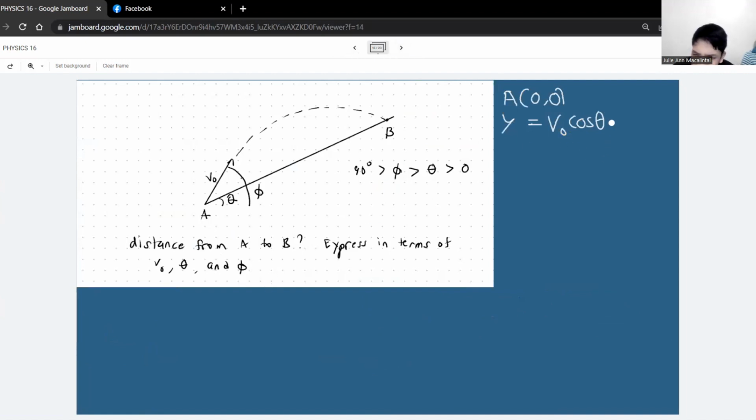May theta, yung theta is yung angle ng ramp. Ano yung angle ng velocity?